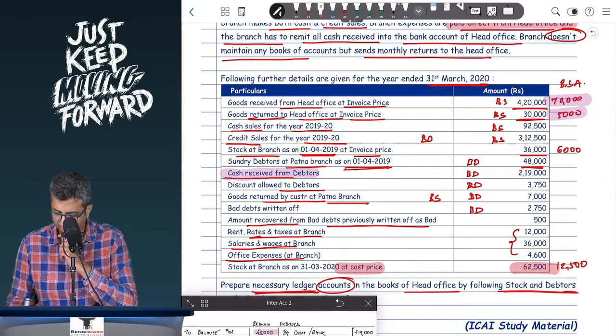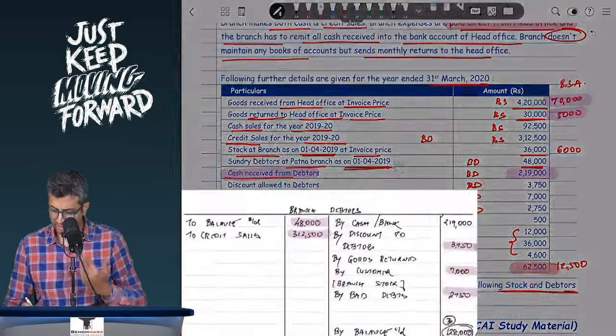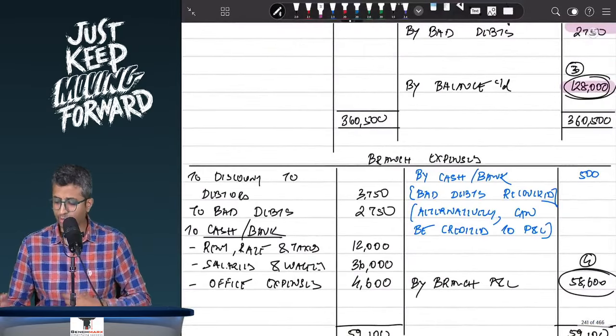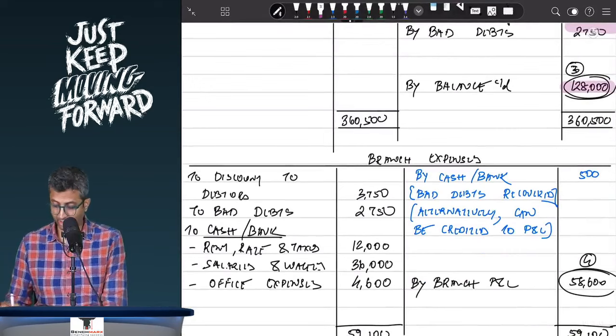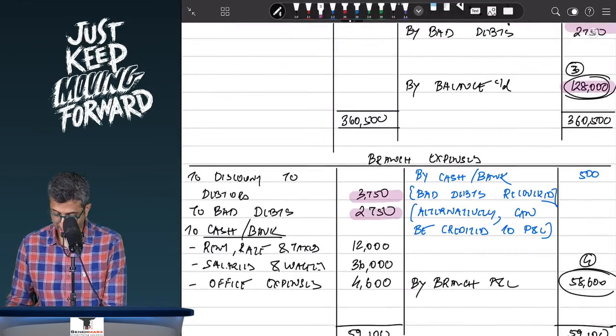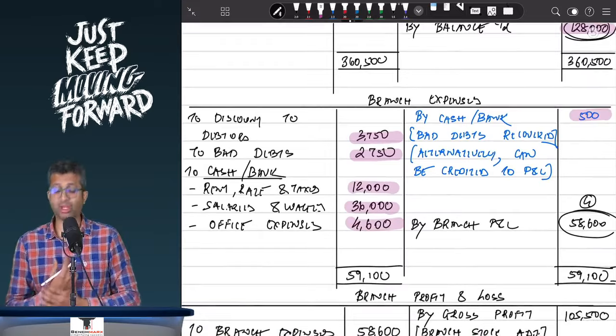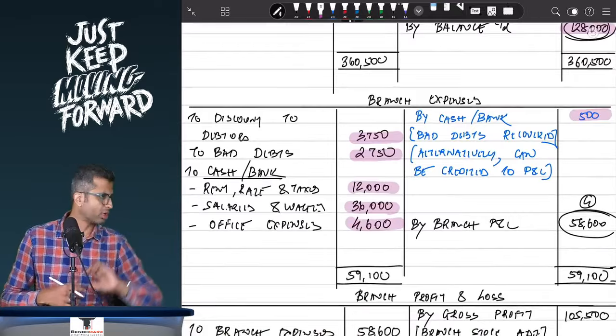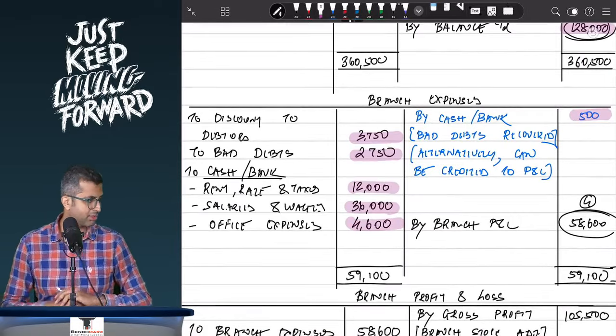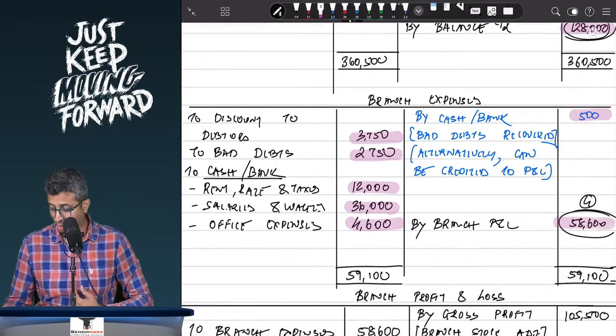Cash received from debtors 2,19,000 is mentioned, and as a result this will give you the closing balance. Other than that, you will have the branch expenses, which includes discount, bad debts, all of these three expenses, and there will also be a cash bank. This is bad debts earlier written off, which is now recovered, and there will be some closing cash bank balance.